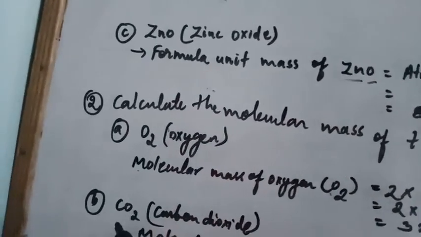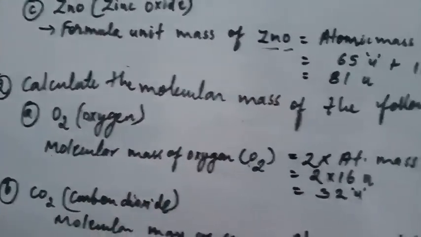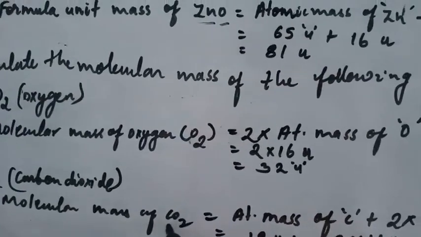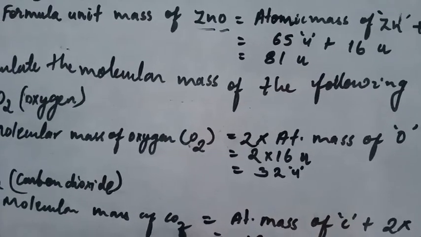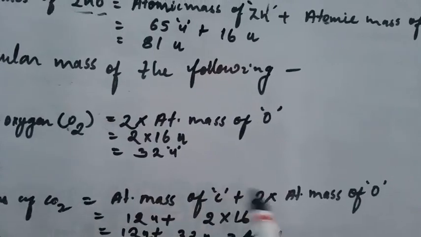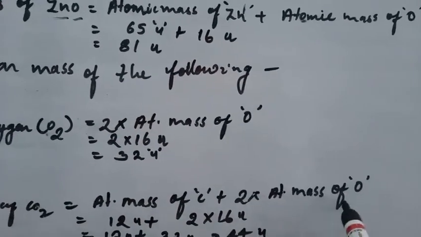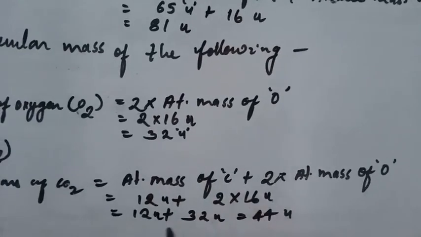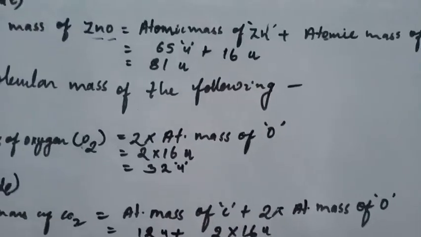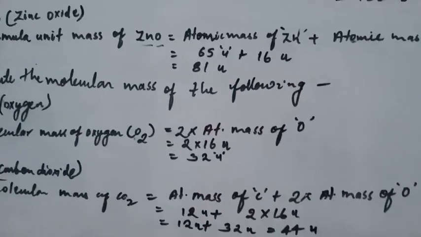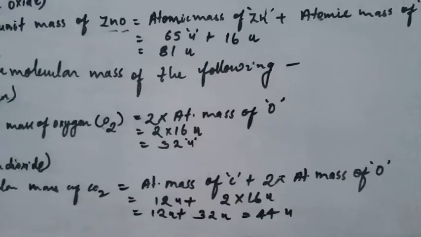Now to find the molecular mass of carbon dioxide, we'll write atomic mass of carbon plus 2 into atomic mass of oxygen. So 12U plus 2 into 16U, we'll get 44U.